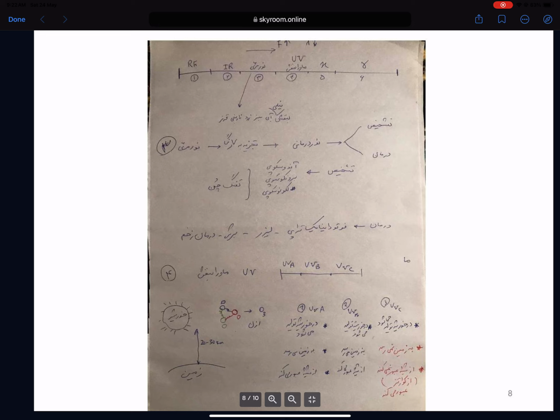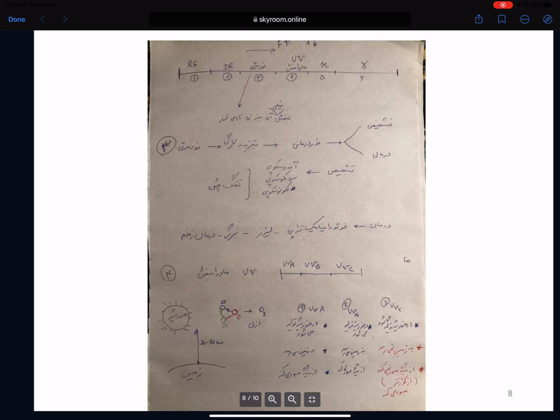Do you know that? Did you hear about that? Visible light, or white light, can be divided into seven colors. And these seven colors start from red and go to ultraviolet.